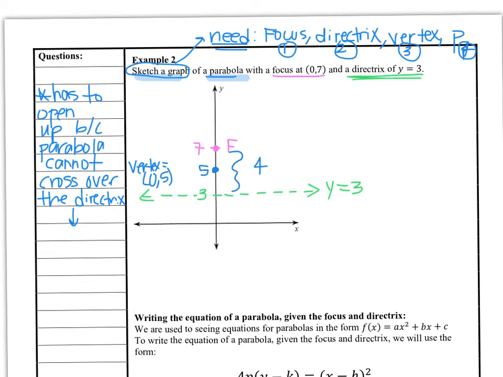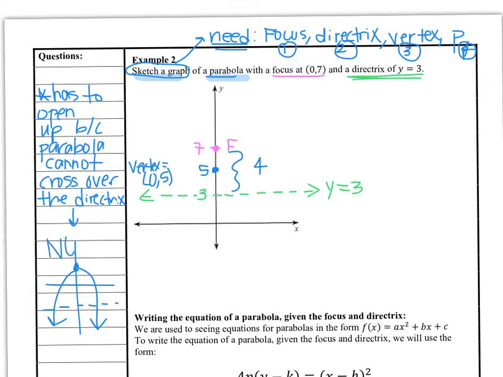Okay, so now what we need to do is sketch the parabola. If my vertex is here, then it's either going to go up this way or go down that way. But over here I have written that it has to open upwards for this one, because it cannot ever cross over the directrix. You can never have something that looks like this, where you've got your vertex and your directrix and it goes and crosses over the directrix.